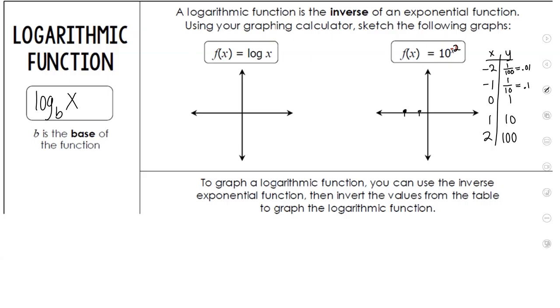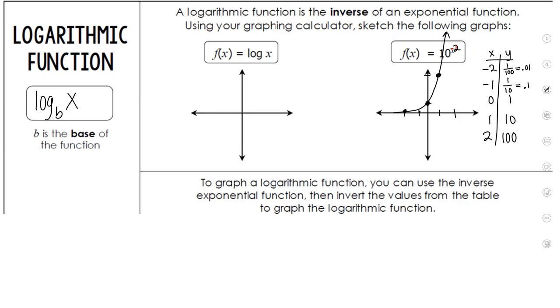Then the next one is 0, 1, right here. Next one is at 1, 10. I'm just going to estimate it and say 10 is up here. And then 2, 100. It's way off the graph, off the page. So it goes like that. So guys, that is the exponential function, 10 to the power of x.